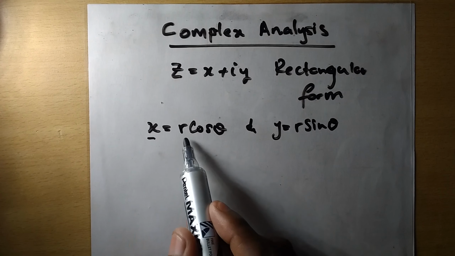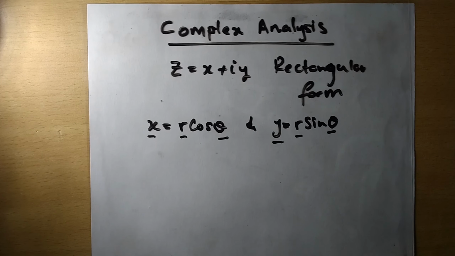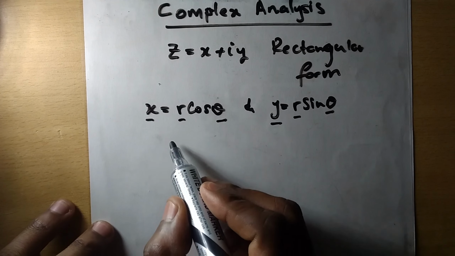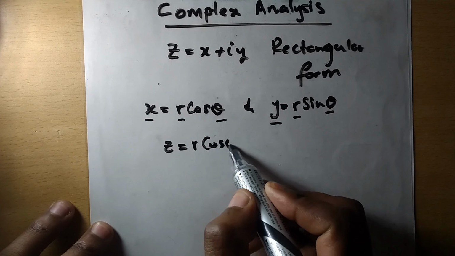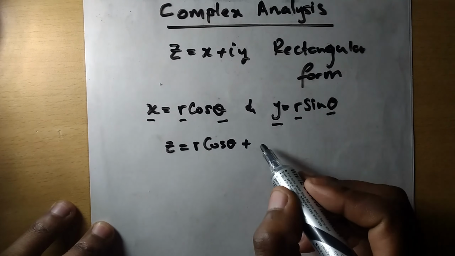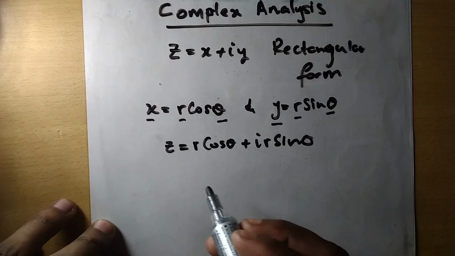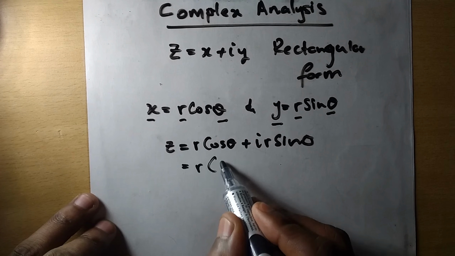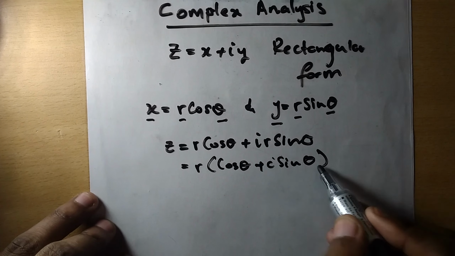We can write x and y with respect to r and theta. In our z, x can be written as r cos theta plus i times y, which is r sine theta. Now we take out r, which is common. We now have cos theta plus i sine theta.